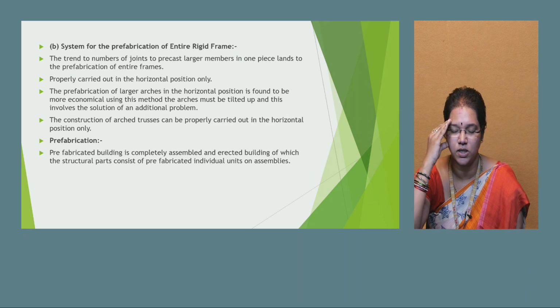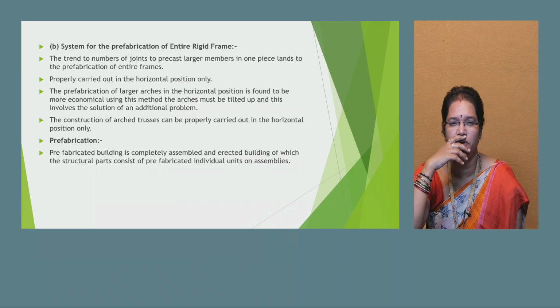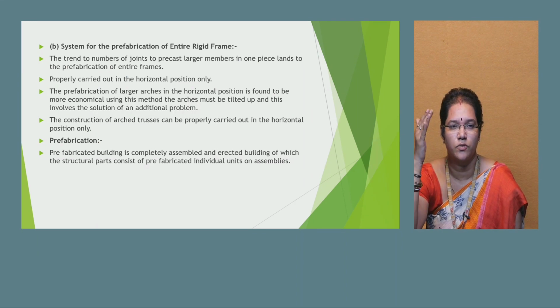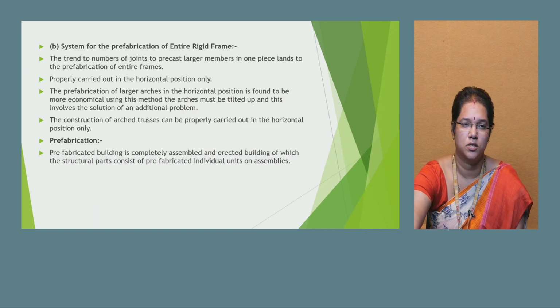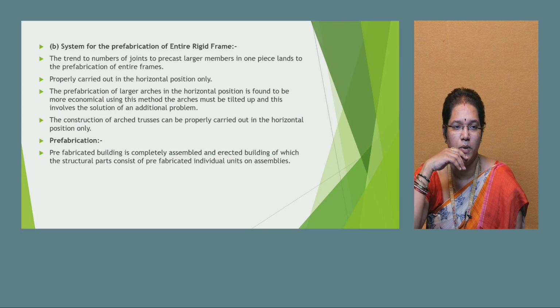Whether it is used for arches or not is also considered, and whether the study is carried forward only for the horizontal or vertical position, whether you are studying only arches or beams. All these studies will be there.